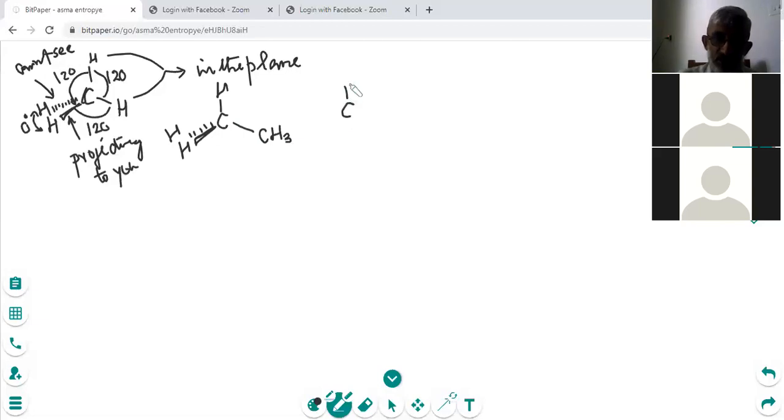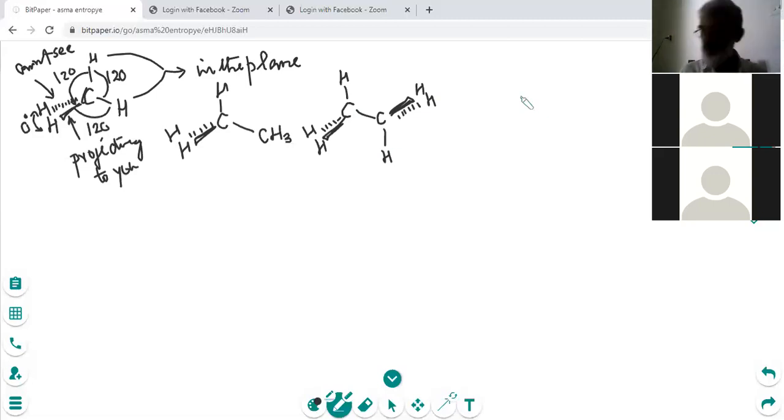So the structure will be like this. Same structure, but here one line is already on the plane of the board, and the second line will be at a 120 degree angle, and that will be a wedge, and then a dotted line. Always the wedge and dotted line should be side by side, and this is down. Okay.